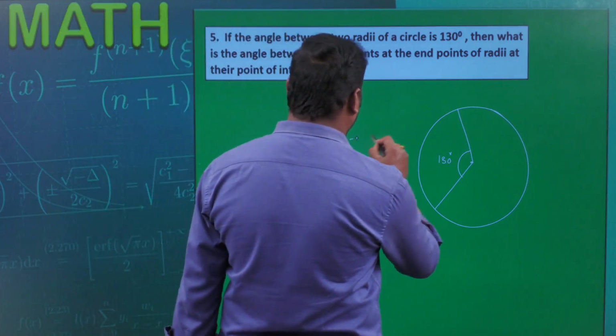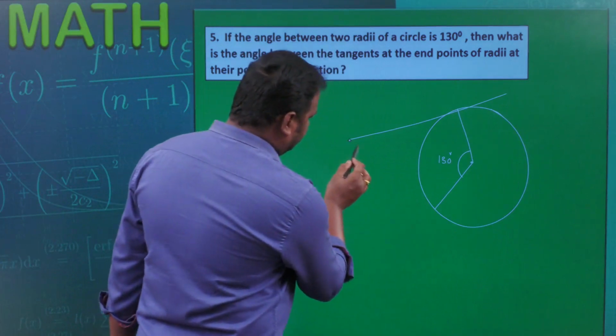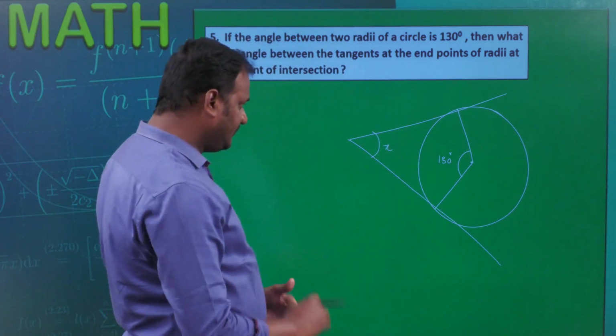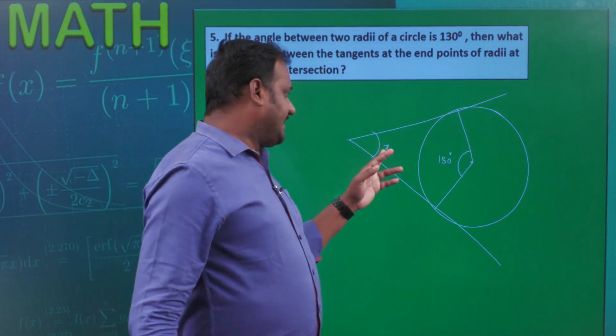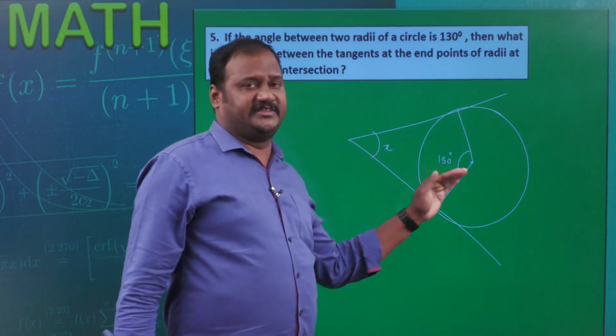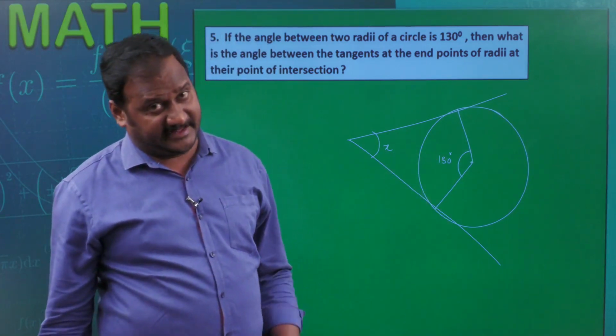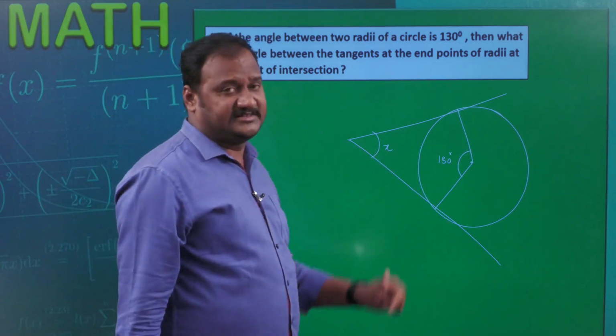So this is one tangent, this is one more tangent, this is the angle that you require. Observe here, this is the angle between the tangents and this is the angle between the radii. Then these two angles are supplementary.